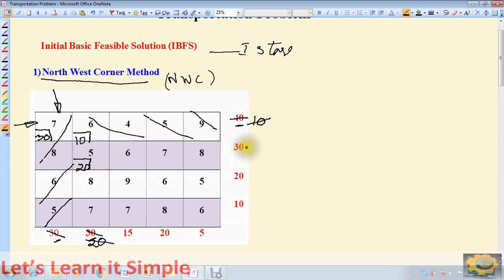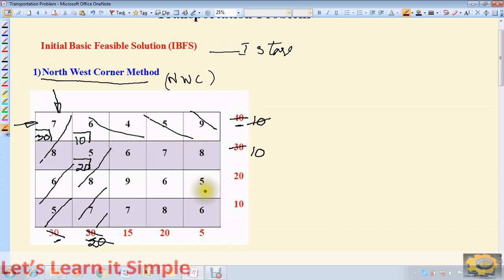After allocating 20 in cell 2, 2, the remaining is 10. In the second column, all the 30 has been allocated, 10 here and 20 here, which means this also vanishes. You are left with this as the matrix now.